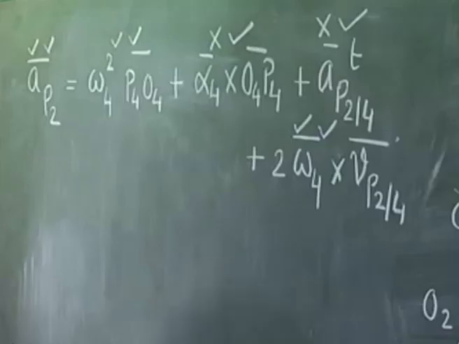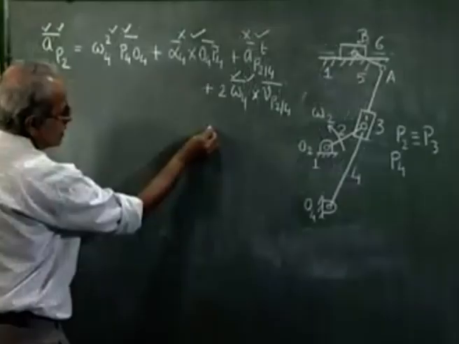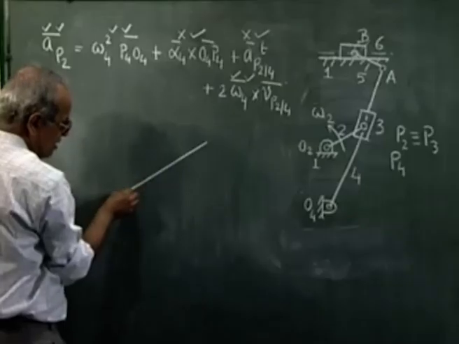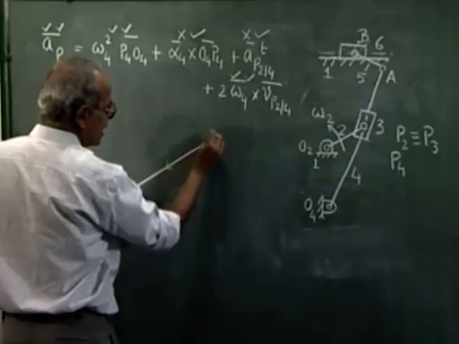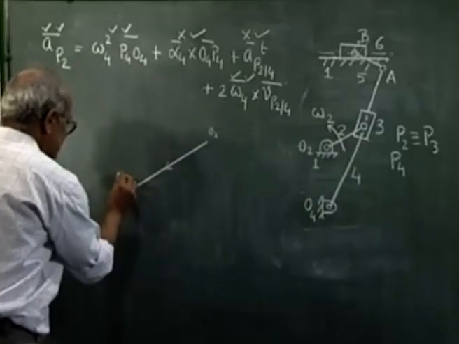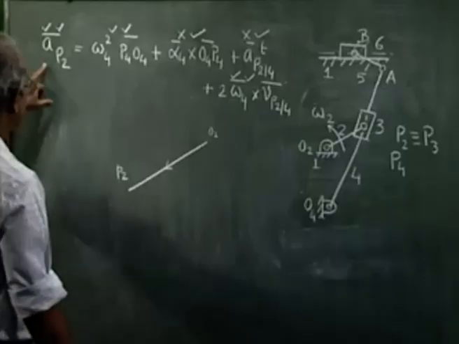So, acceleration of P2 is this way, which, to some scale, I represent: this is O2 and this is P2, which is the acceleration of the point P2.